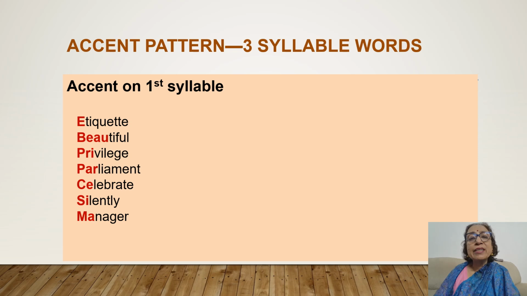Many of you are getting a lot of doubts about spelling and pronunciation. That is why I'm repeating again and again that English spelling is dependent on the 26 letters of the English alphabet, A, B, C, D, E, F, G, H, which you learnt when you went to school first.